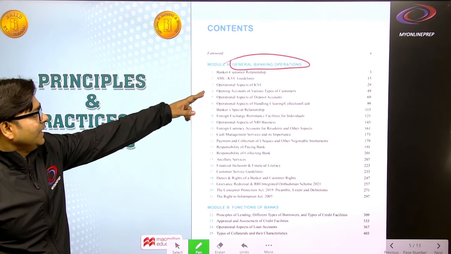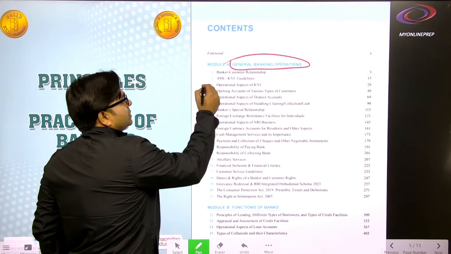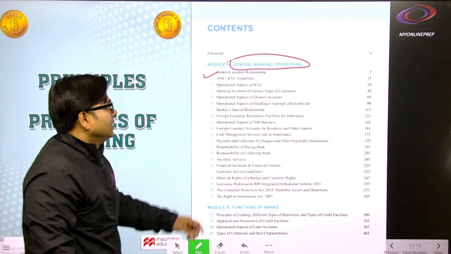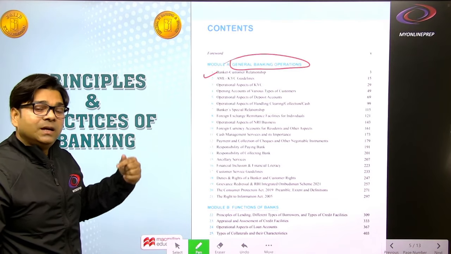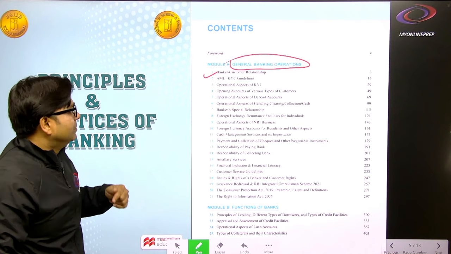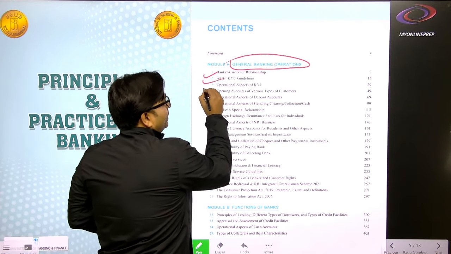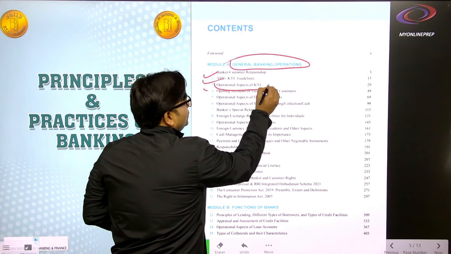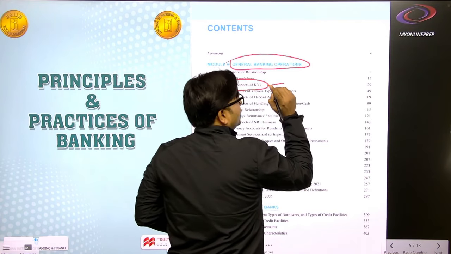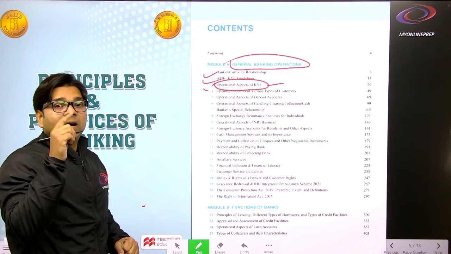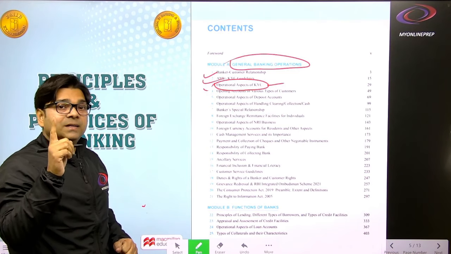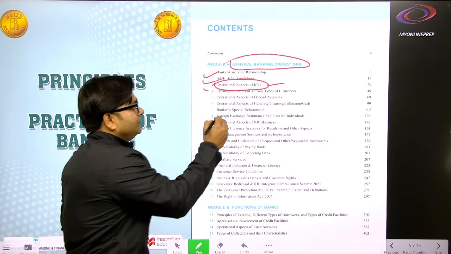So general banking operation, bankers customer relationship, this particular topic was from PPB in module B itself. AML KYC, operational aspect of KYC, if you remember, this was one of the topics from accounting and finance for bankers, module D.